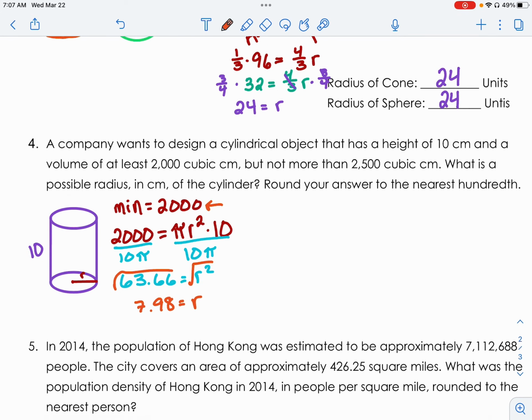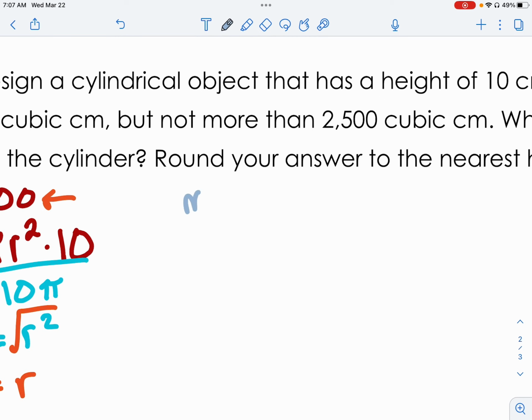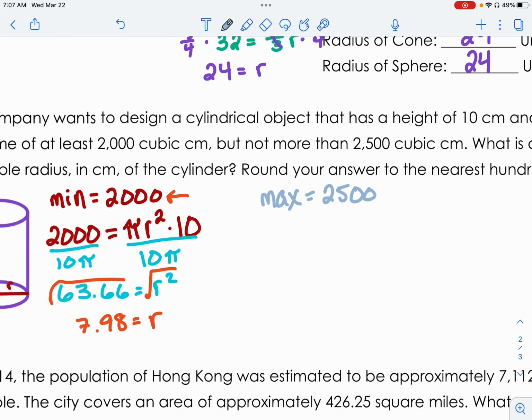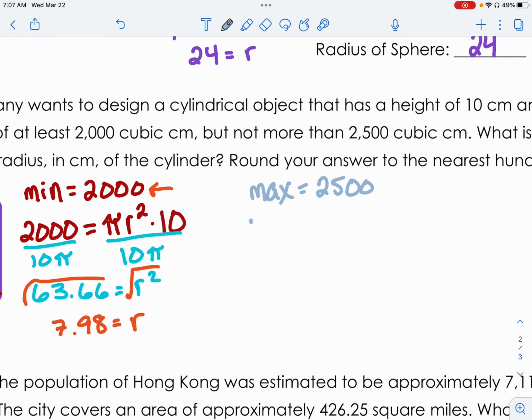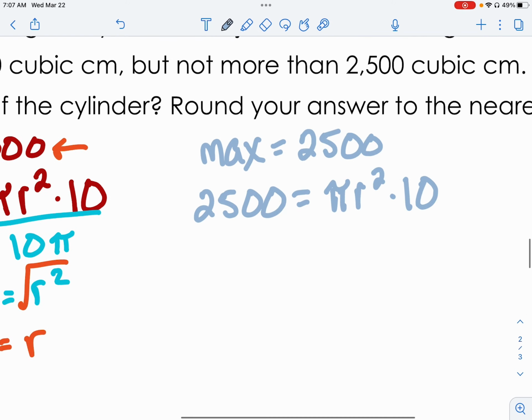Now we have a max value of 2,500. Just thinking logically about this, our radius should be slightly bigger here. So 2,500 equals pi r squared times our height, which was 10.